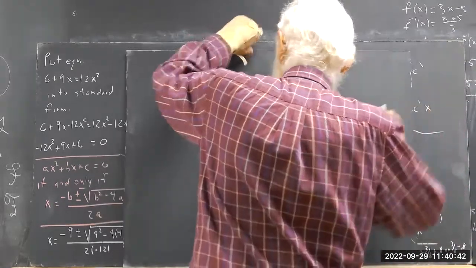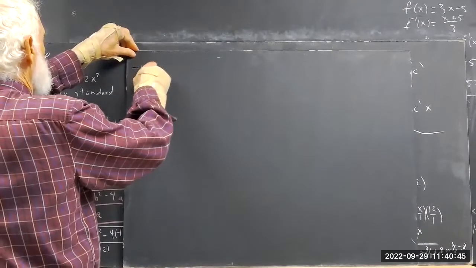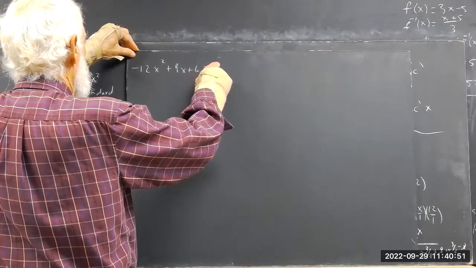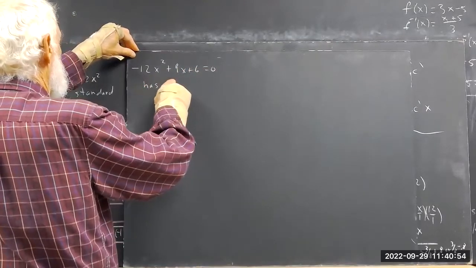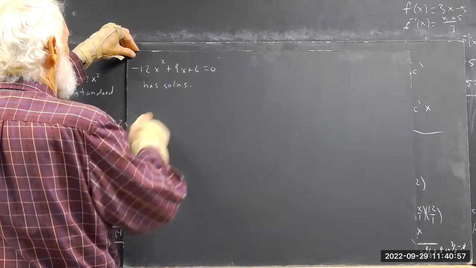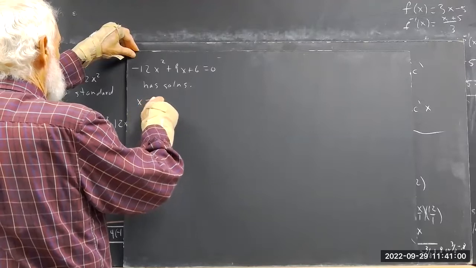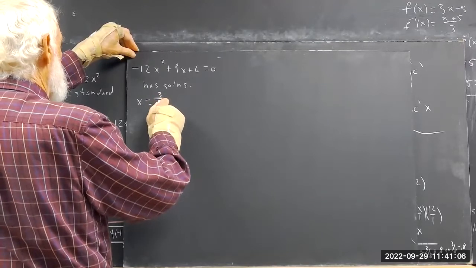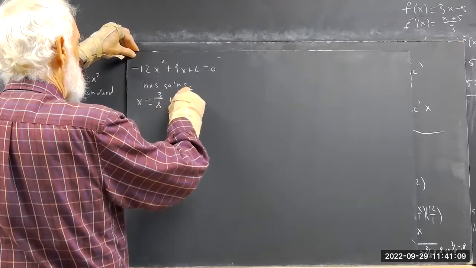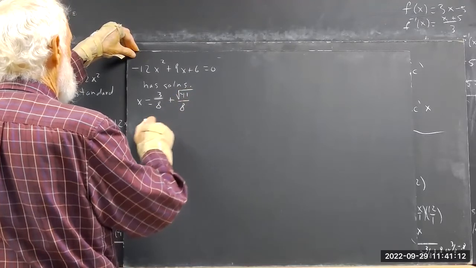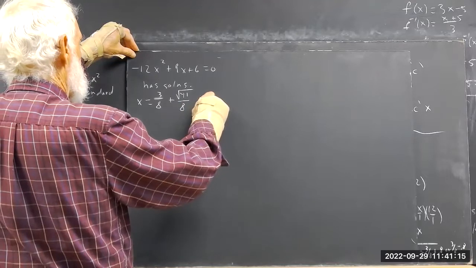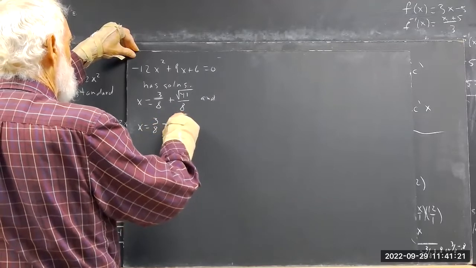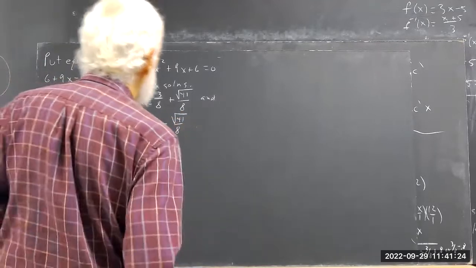So as solutions, x equals 3/8 plus square root of 41 over 8. And x equals 3/8 minus the square root of 41 over 8.